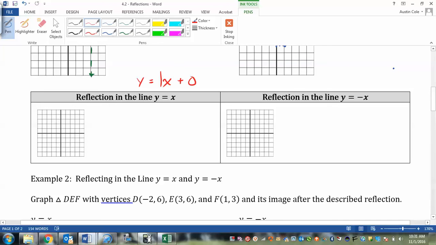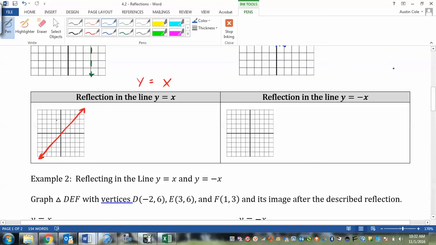The slope is 1, so we usually don't write it, and the y-intercept is 0, so we usually don't write it. So 1x plus 0, that means I'm going to start at my y-intercept, which is 0, and we're going to go up 1 over 1. So this is the line y equals x. That's the line y equals x.